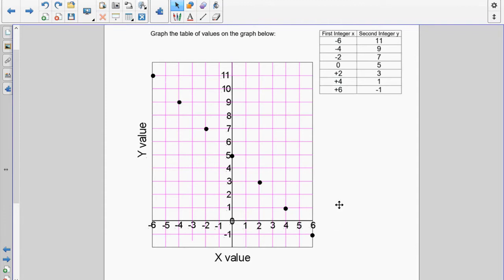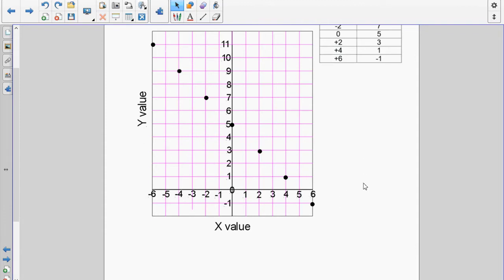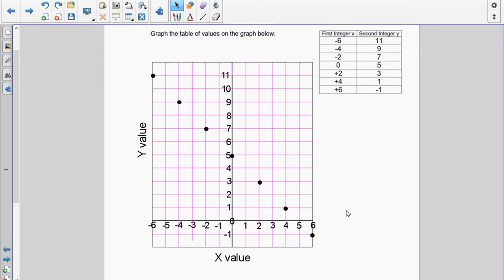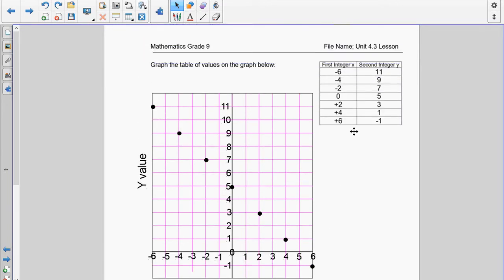So the question now is, do I add a line? Do I join all these points with a line? Well, if you go back to your original question, we said that these were integers. So that means that my value of x can be -6, or it can be -5, but it cannot be between these.